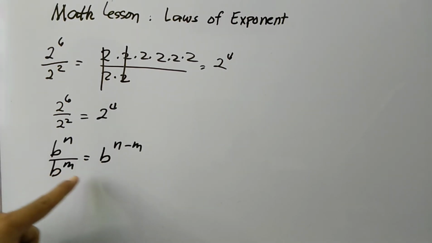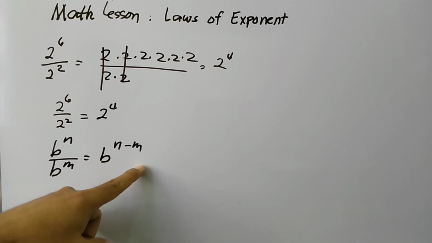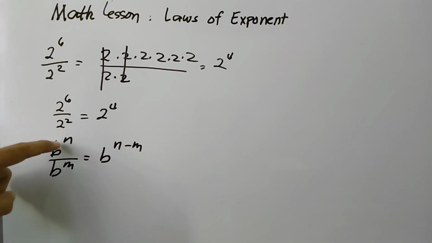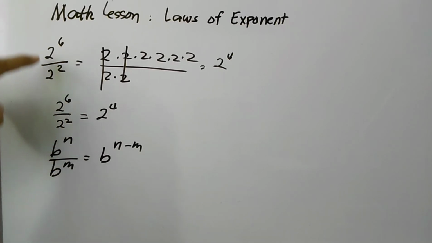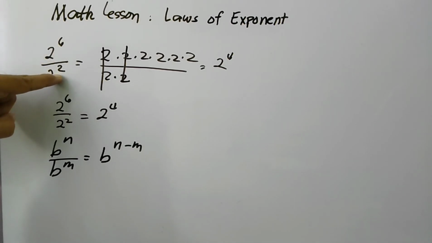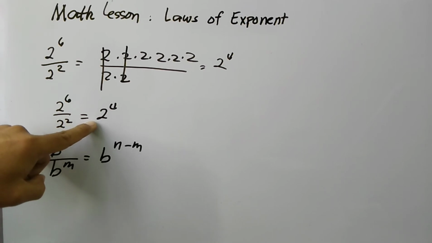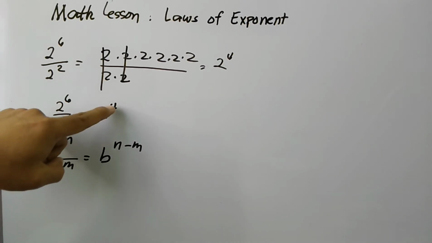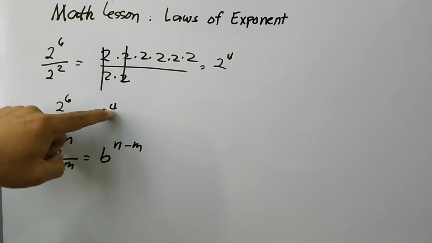In this case, the exponent becomes positive if the exponent of our numerator is bigger than the exponent in our denominator. Here we have 2 raised to 6. 6 is bigger than 2. Therefore, our result here is 2 raised to 4 because we have the exponent which is positive.